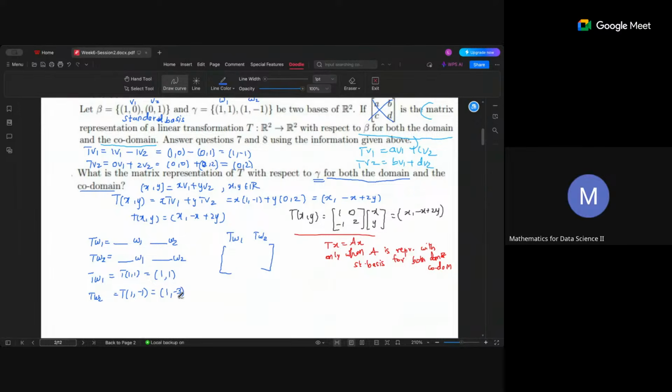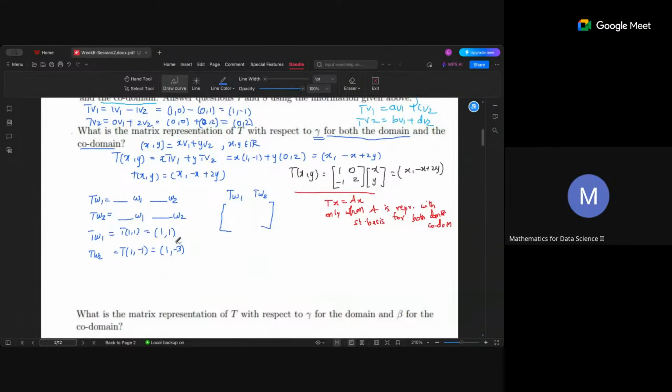So this is the first step. Now we want to express (1, 1) as a linear combination of W1 and W2. You don't know the entries, so let's call them alpha 1,1, alpha 1,2, alpha 2,1, and alpha 2,2.